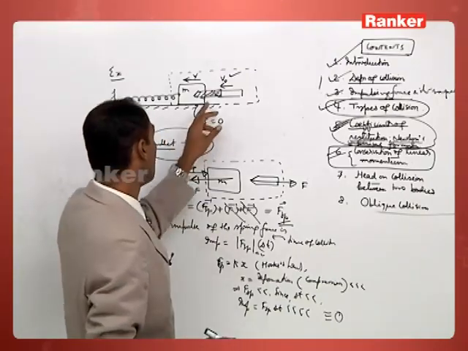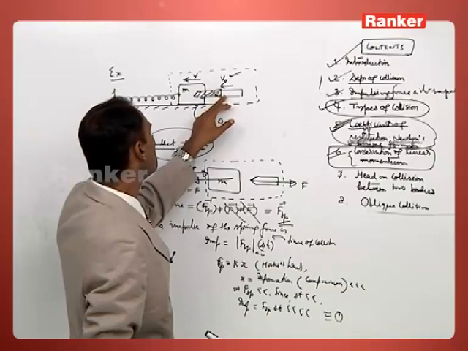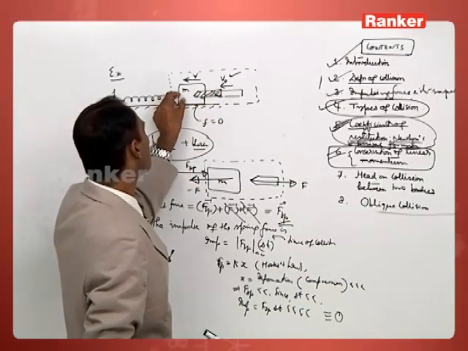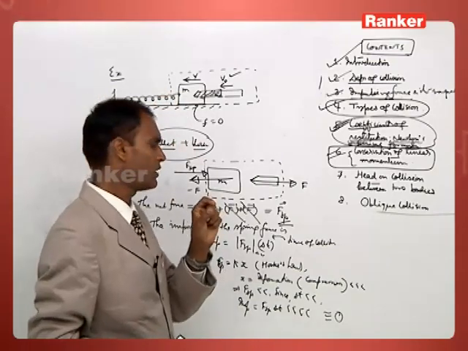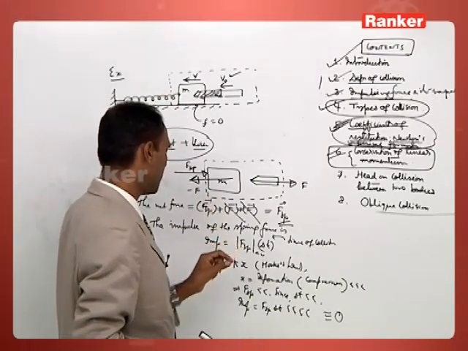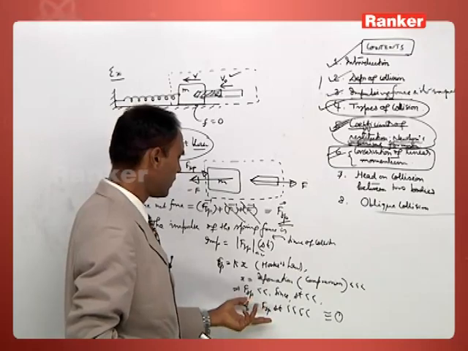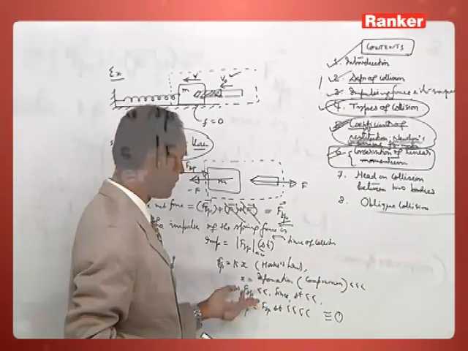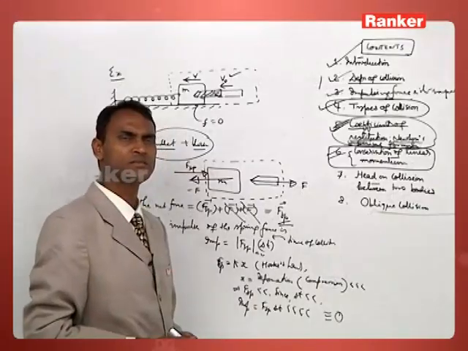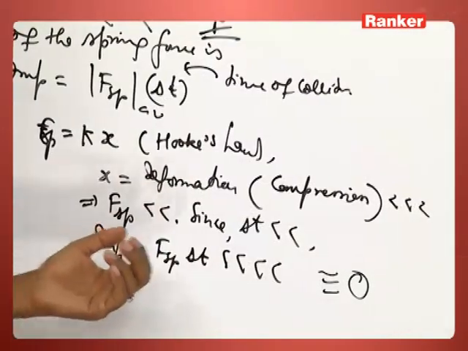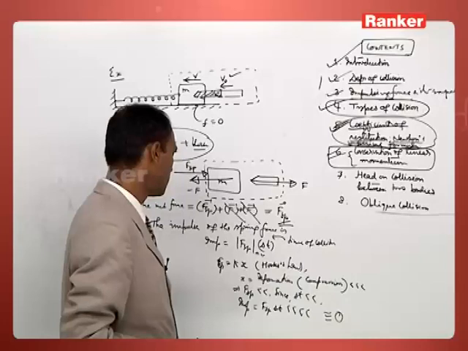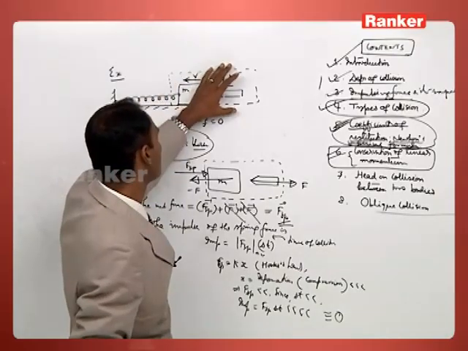However, during the collision of the bullet with the block, the time of collision is so small that the spring force is extremely small, and when you take the product, this will be an exceedingly small quantity, or we can ignore it to conserve the linear momentum of the system.